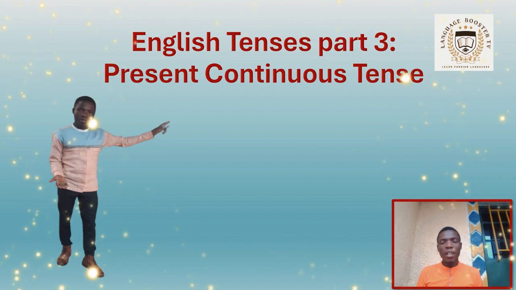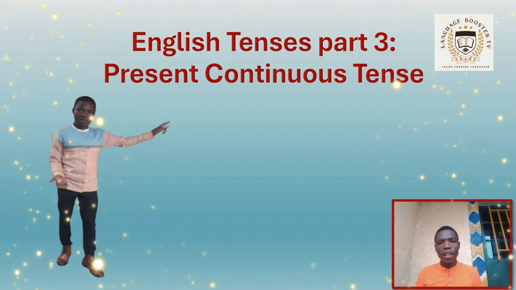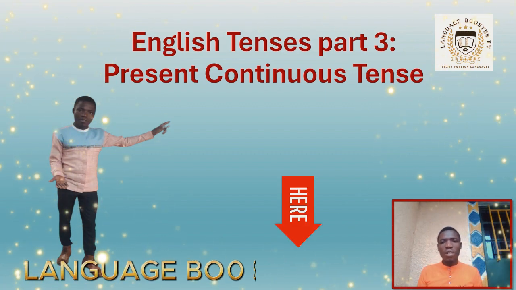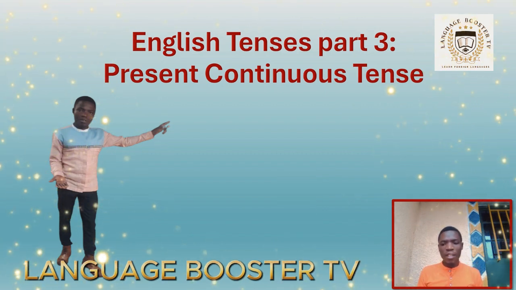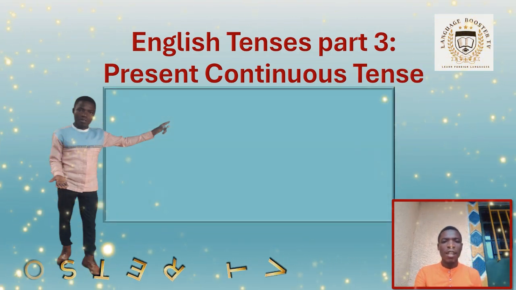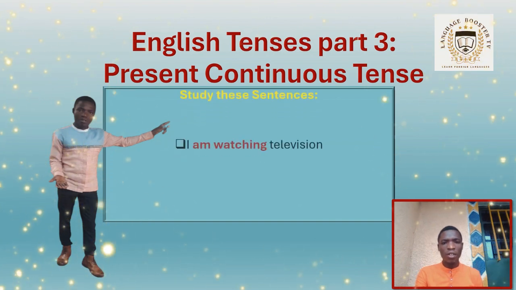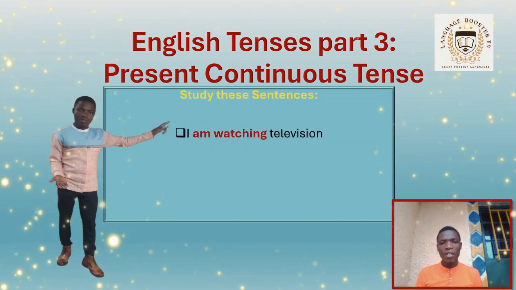Yes, we can ask ourselves again, what are the common mistakes we should avoid when we are using this present continuous tense? Great. Before we start, read the following sentences and pay attention on the word in red. The sentence number 1, I am watching television.